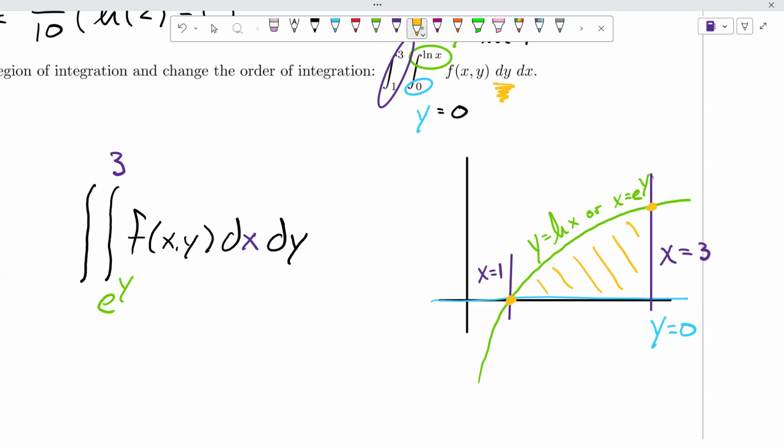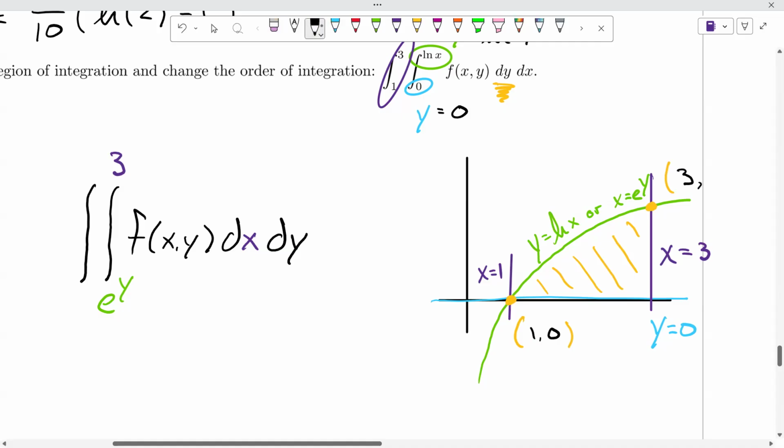And then for the y bounds, I'm going to need the interval over which y is defined, right? Basically, project this shape onto the y-axis and find that interval, which means I'm looking at my lower point, which is at 1, 0. And I'm looking at my upper point, or I guess my minimum point, my maximum point from the y perspective.